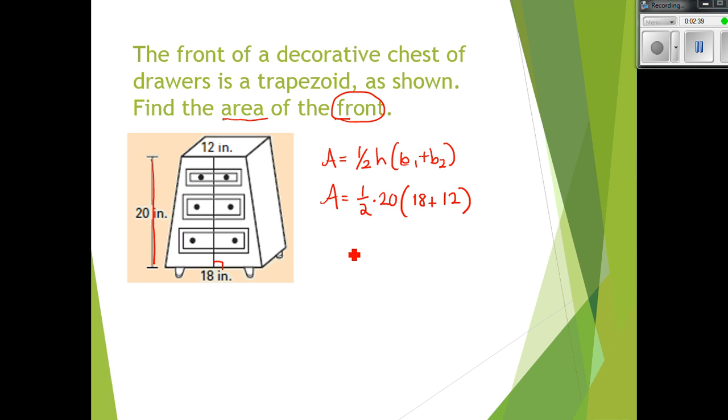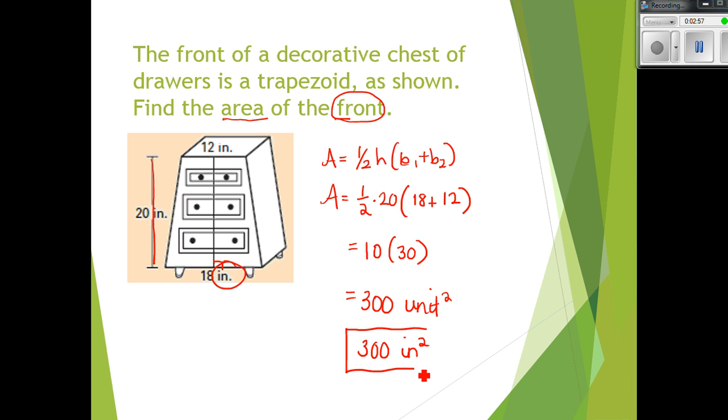Half of 20 is 10. And 18 plus 12 is 30. And 10 times 30 is 300. So this would be 300 units squared. And the units happen to be inches. So I'm going to say 300 inches squared. Okay, so that's an example of finding the area of a trapezoid.